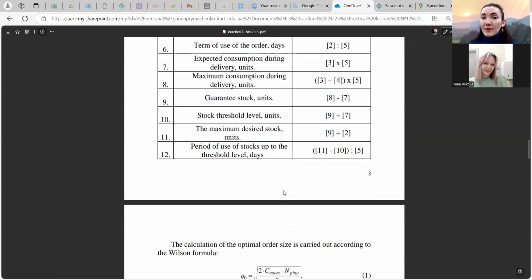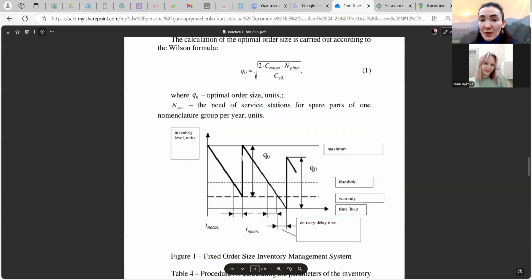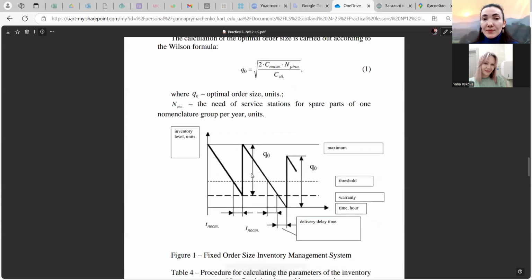Why do we divide by 5? Okay, find 11. It is our maximum, what we need to find on our warehouses. 10 is the stock level. Maybe it is the middle of our period of time.